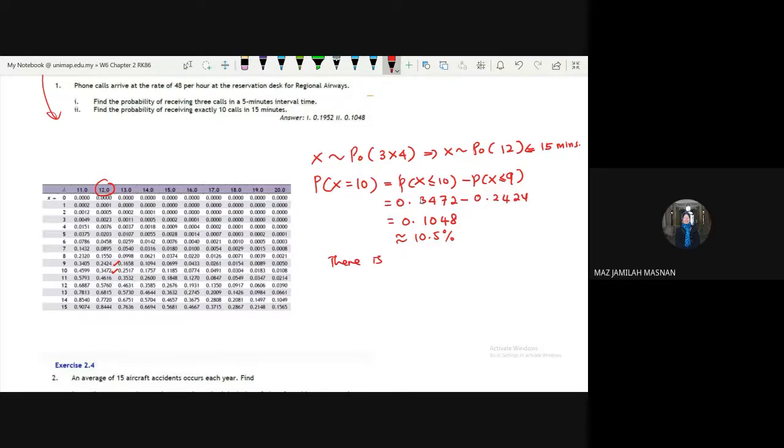Or if we don't make the approximation, it is just 10%. There is 10% chance that exactly 10 calls will be received in 15 minutes.